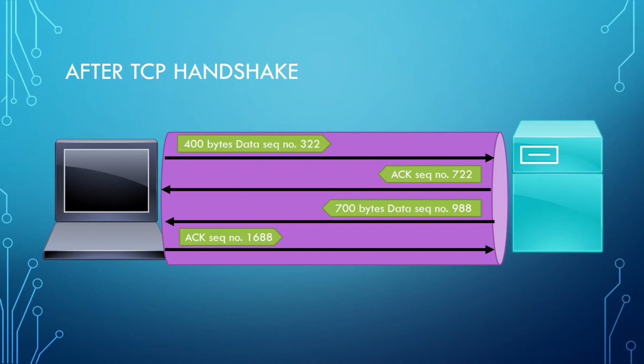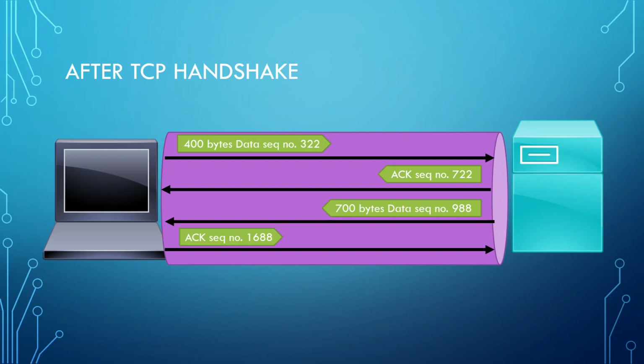Now that the server has acknowledged receipt of the data the client has sent, the server is free to send data to the client. In this case, the data is going to have a sequence number of 988. If you go back to the TCP connection establishment, the client told the server that the next packet it expects to receive should have a sequence number of 988.